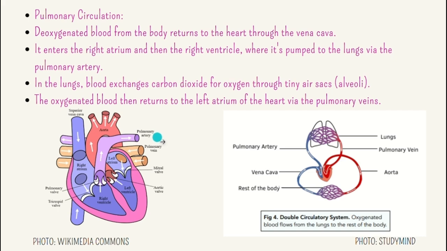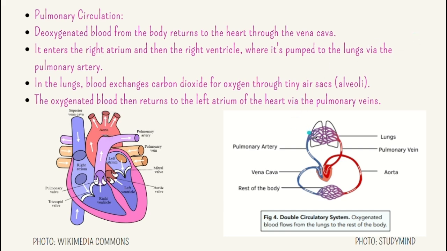Right, good. Then oxygenated blood is going to return through the pulmonary veins, go through the left atrium, then the left ventricle, and then go out through the aorta.